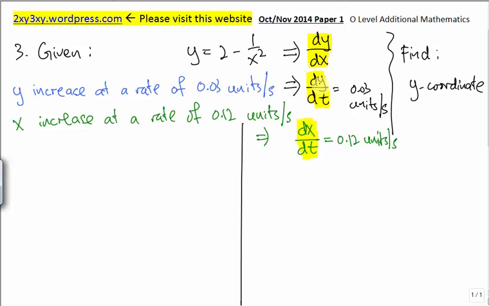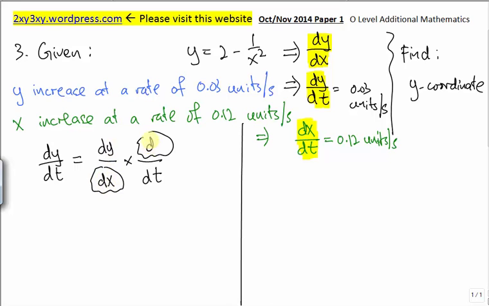Let me make dy/dt the subject of the formula. Writing the chain rule: dy/dt equals dy/dx times dx/dt. I know dy/dx, so here I put a dx, and do I have the expression for dx/dt? Yes, dx/dt is 0.12.